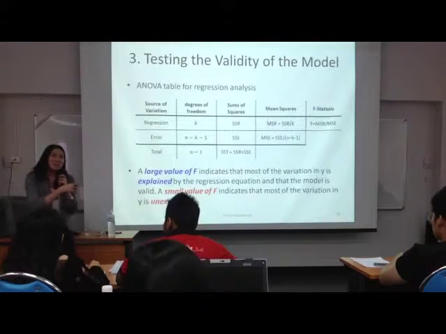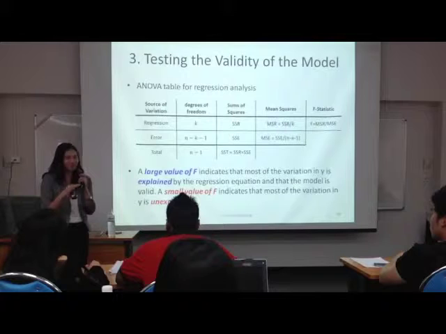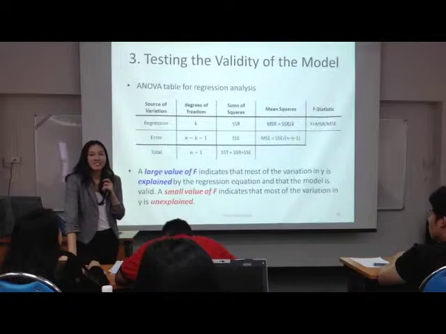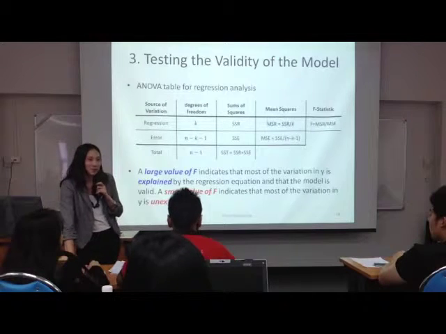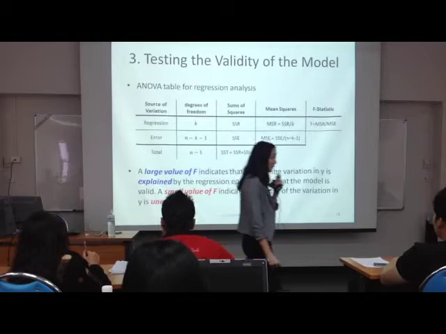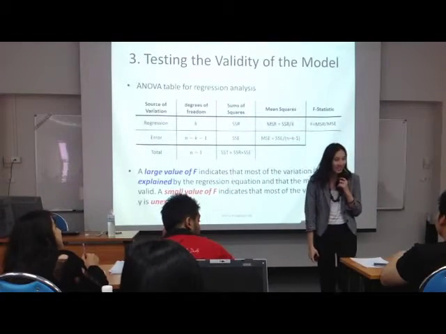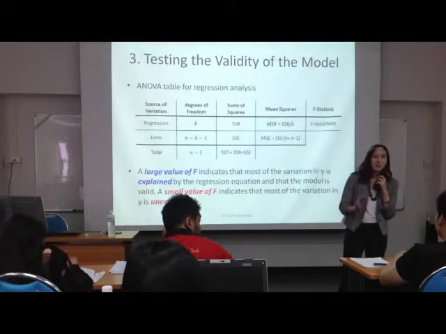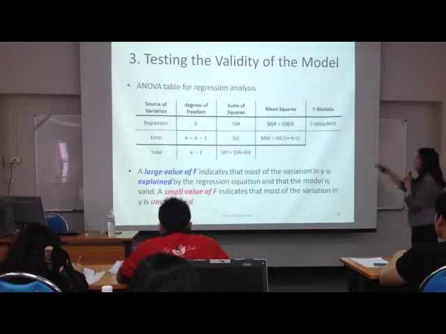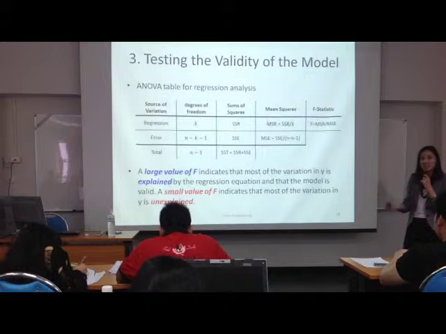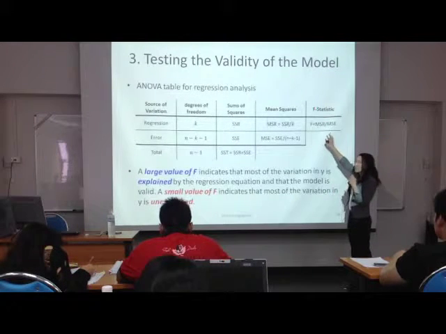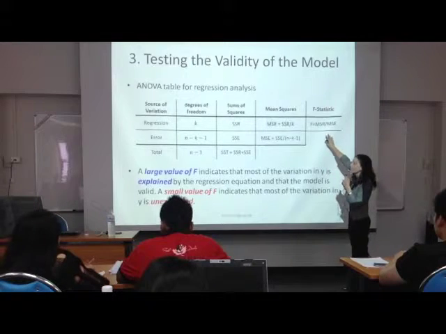So when we talk about ANOVA, what is the objective of performing ANOVA? Compare the means, right? When you have more than 2 populations. And when we construct the ANOVA table, we also obtain the F test statistic.